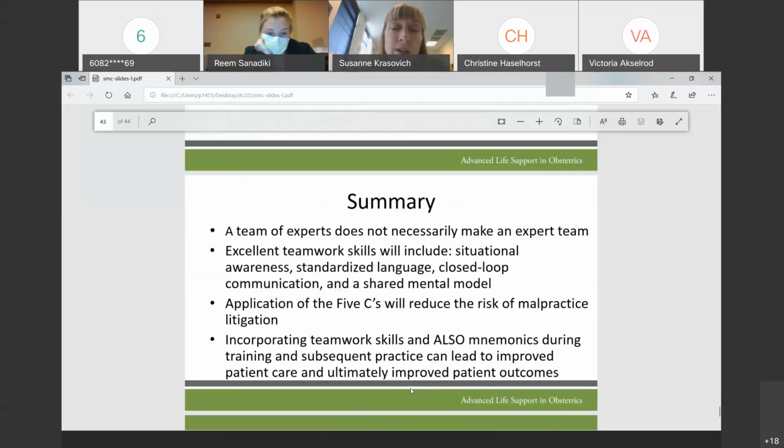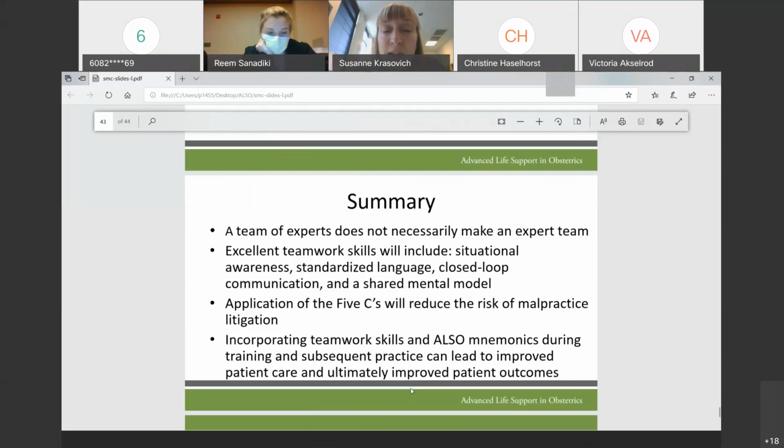So in summary, again, just because everybody on the maternity care floor is an expert does not necessarily make them an expert team. Good teamwork, excellent teamwork requires skills and requires practice. We can use some of those skills that we talked about today: situational awareness, standardized language, closed loop communication, and a shared mental model to help build some of the excellent teamwork skills.